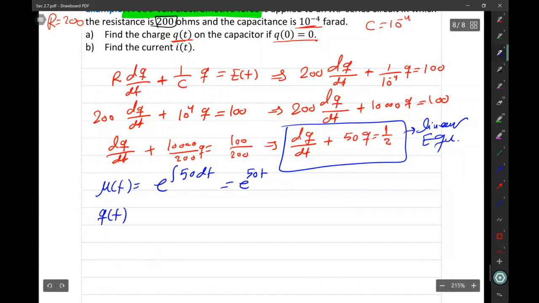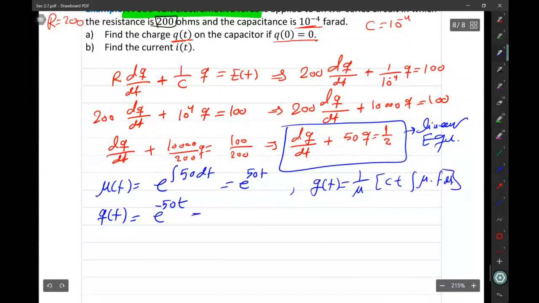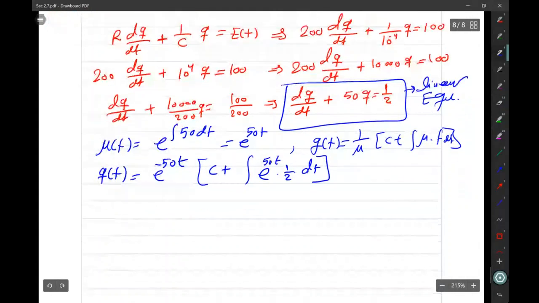Now q of t becomes e to the power minus 50t, which is 1 by e to the power 50t, times c plus the integral of mu times f, the integral of e to the power 50t times half dt. It is just to integrate, straightforward.